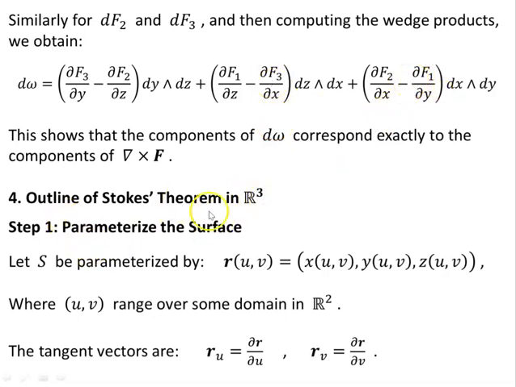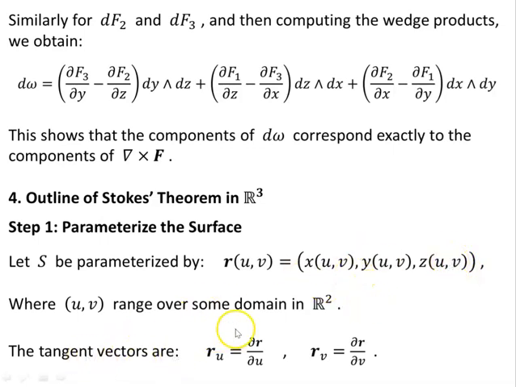Okay, so outline of Stokes theorem in R3. Step 1 is parameterize the surface. So let S be parameterized by some position vector R of u,v in Euclidean space, which has components x of u,v, y of u,v, z of u,v, where u,v range over some domain in R2. So we're parameterizing it in 2 dimensions in terms of 2 variables, u and v.